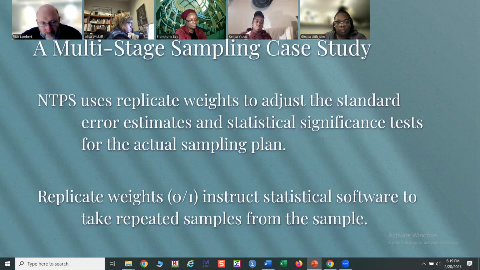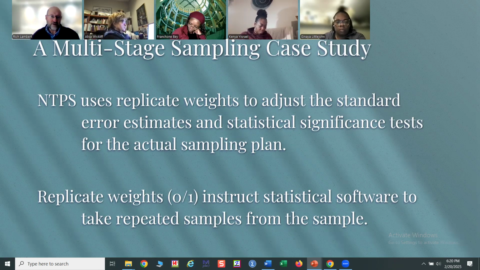Okay. So what else do they do with the NTPS? Well, in addition to sampling weights, which are designed to make the results perfectly nationally representative, they also calculate what are called replicate weights. And this is to adjust the standard errors and the significance tests for the actual sampling plan.